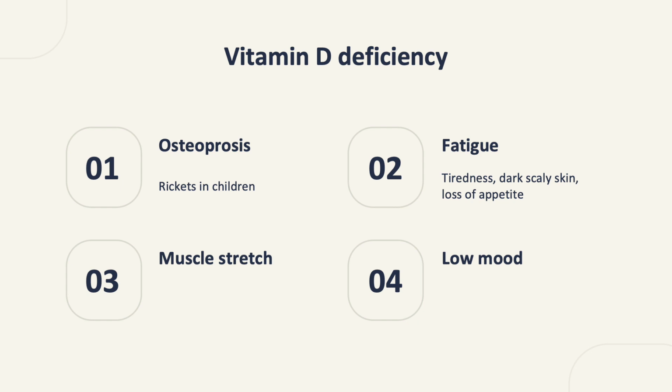If you have a deficiency of vitamin D, you may feel tiredness, dark scaly skin, loss of appetite, and lethargy. Number three, muscle strength. Vitamin D deficiency causes loss of muscle strength. Number four, you may face low mood swings and insomnia with vitamin D deficiency.